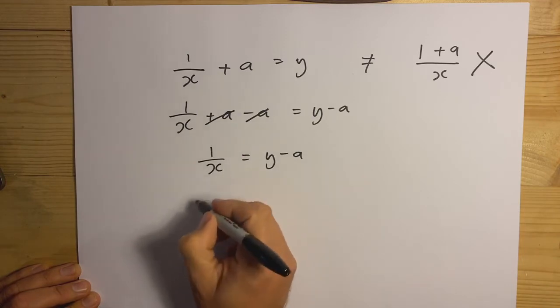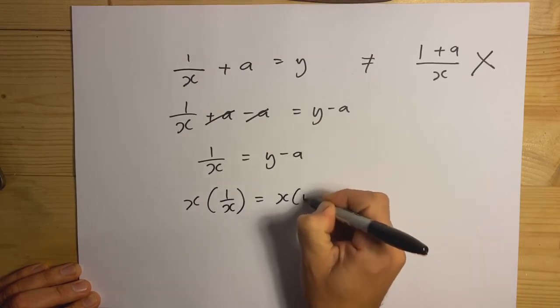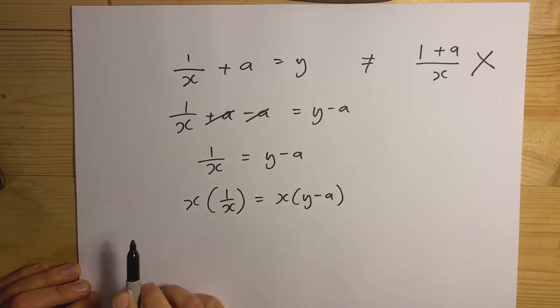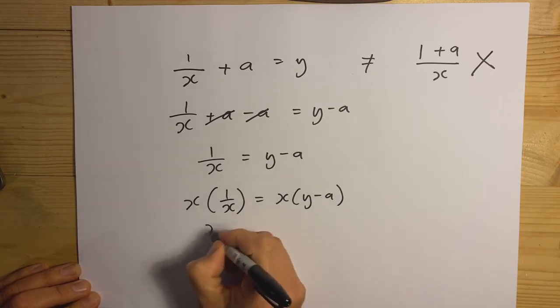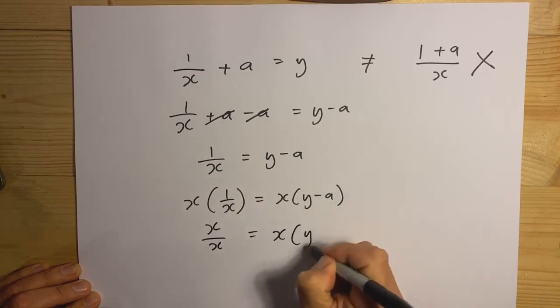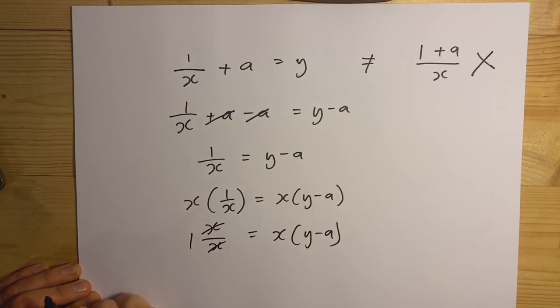So if we say x times 1 over x equals x times y minus a, x times 1 over x is the same as saying x divided by x equals x times y minus a. So this cancels out and we're just left with 1. So 1 equals x times y minus a.